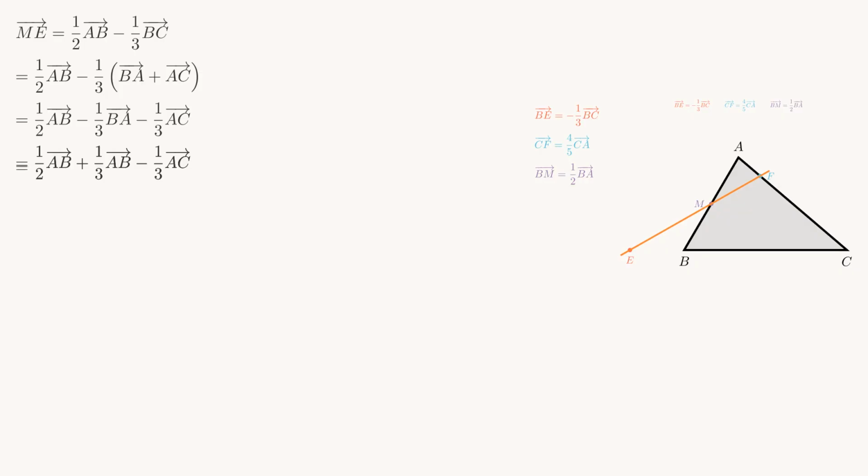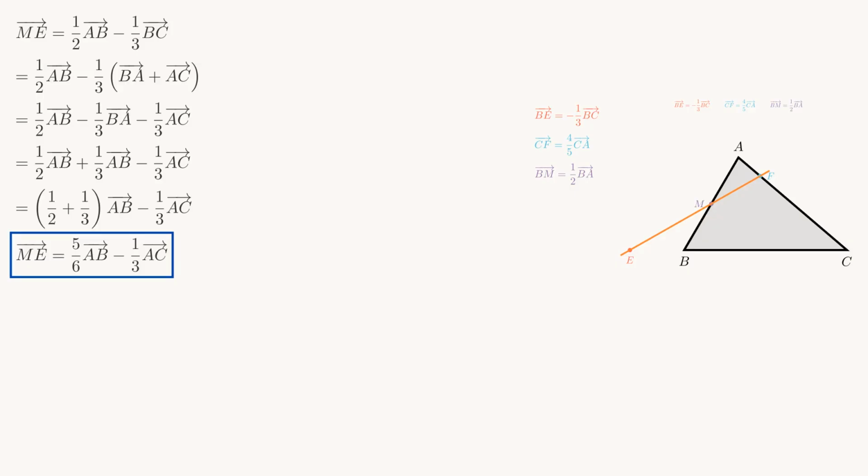We group the coefficients of AB, 1/2 plus 1/3, all times AB, and we keep minus 1/3 of AC. 1/2 plus 1/3 is 5/6, and there is our final expression for ME, 5/6 of AB minus 1/3 of AC.